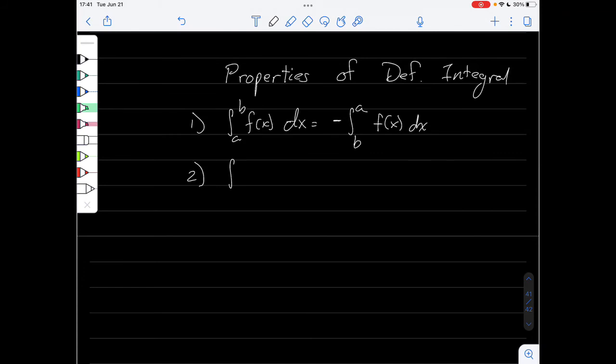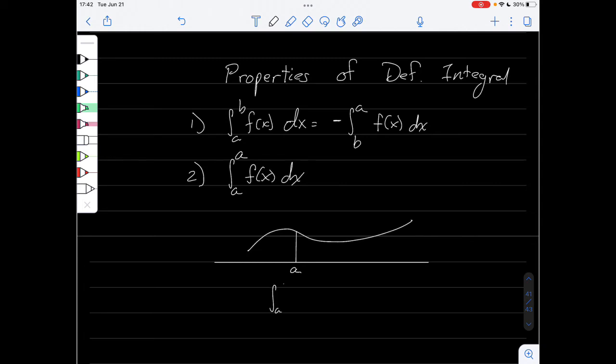Okay. The second thing is that it answers the question, what if we're integrating from something to itself? So we have a function and we have a. And we're integrating from a to a.